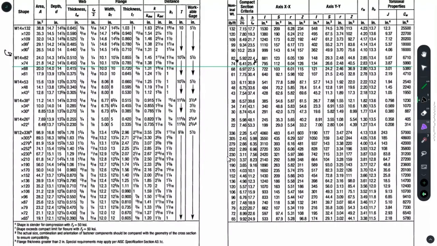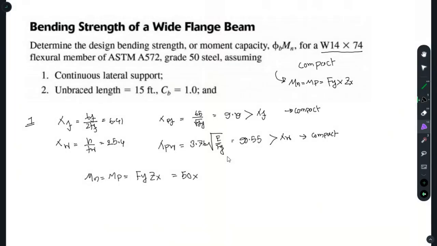Your Zx value for the x-x axis is 126. So you just multiply 50 with 126, and you will get a value of 6,300 kip-inch. If you convert it to kip-feet, you will get 525 kip-feet.